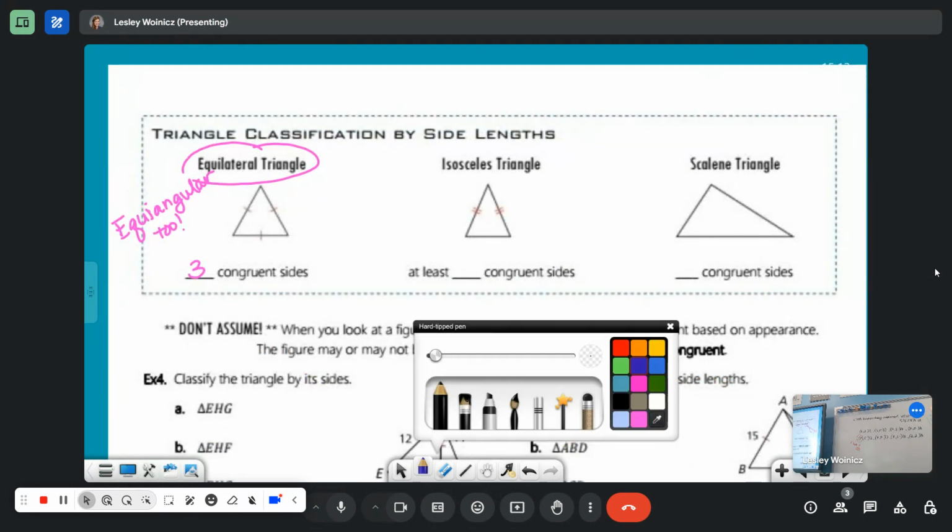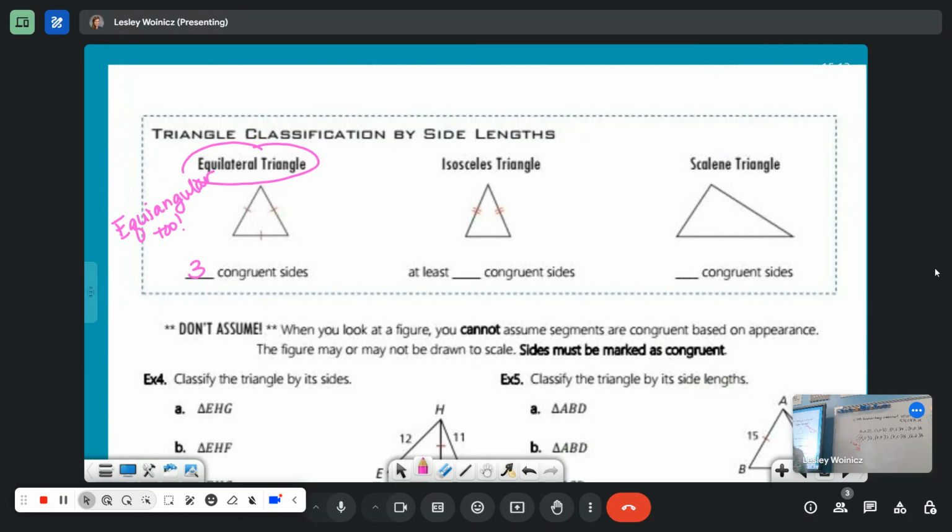All right. What about isosceles? Yeah. So, does it say exactly 2? At least 2. So here's the fun thing.